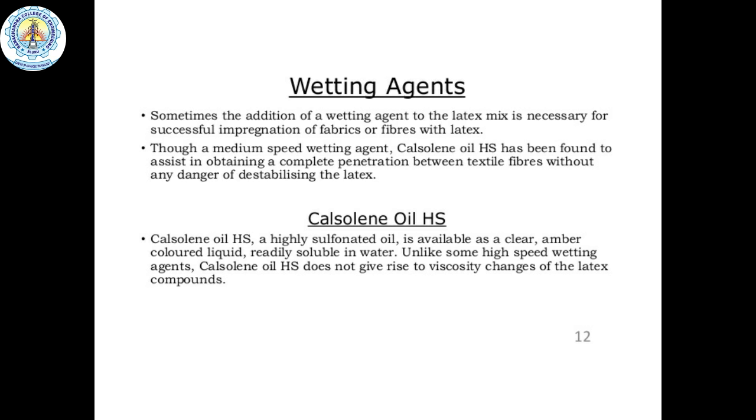Calsolene Oil HS is a highly sulfonated oil, available as a clear, amber colored liquid, and it is readily soluble in water. Unlike some high speed wetting agents, it does not give high viscosity to the latex, and it does not change the properties of the latex compounds.